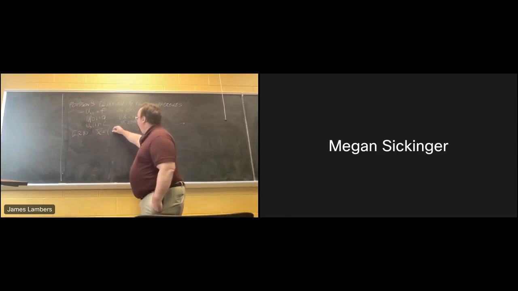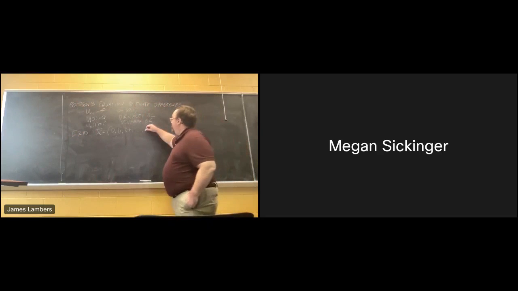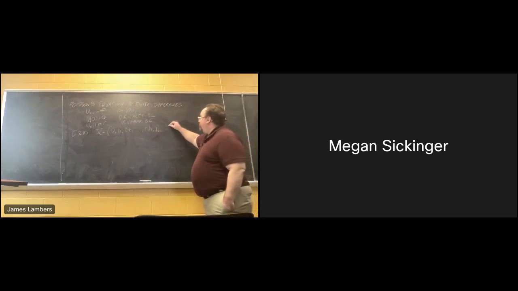My x values will consist of grid points 0, h, 2h, and so on, all the way up to n times h and then 1, where the spacing h is equal to 1 over n plus 1.